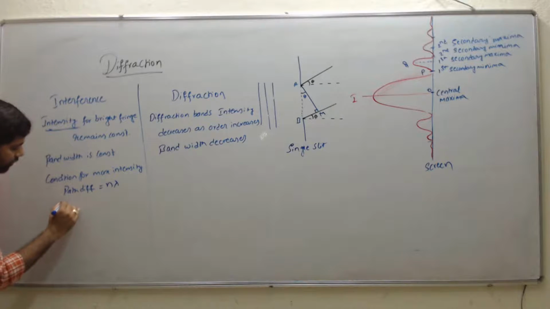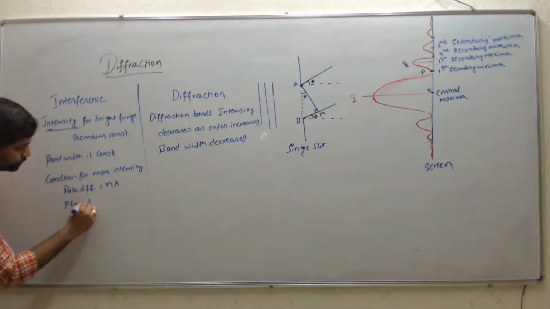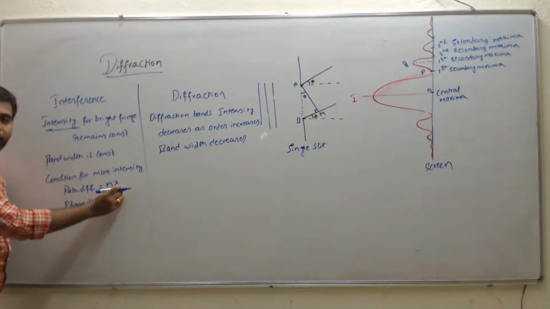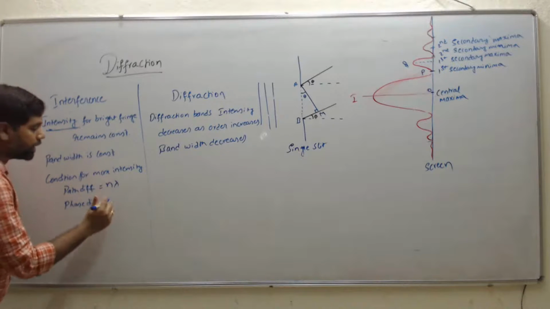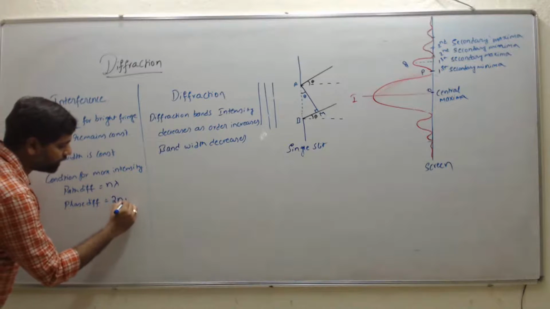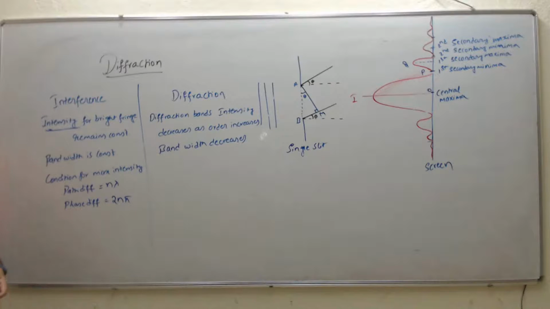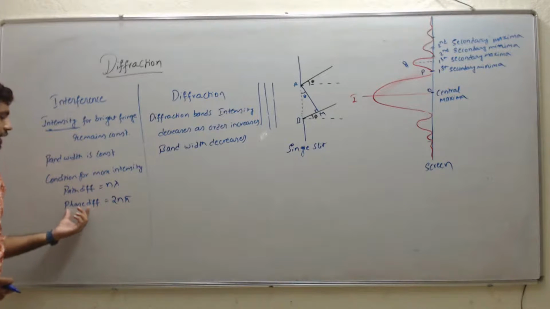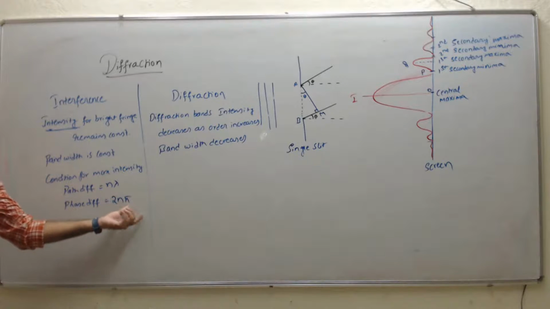In case of phase difference, the value of lambda in terms of phase is 2 pi, so we can write 2n pi.